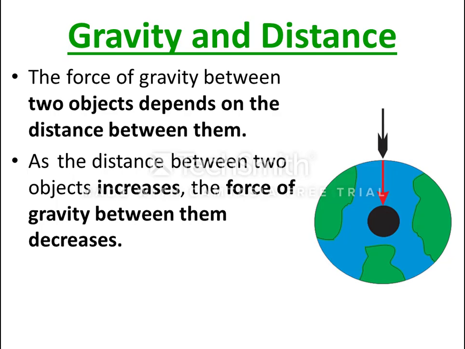It means, for example, if you have a plane and it's going to fly high up in the sky, what do you think the gravity will be? Is it going to be very strong gravity or weak gravity? Actually, yes, it will be weak force of gravity.